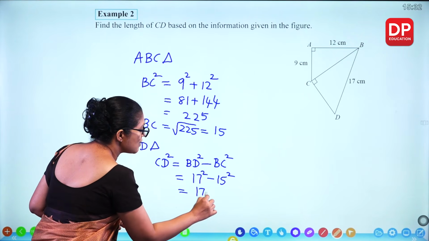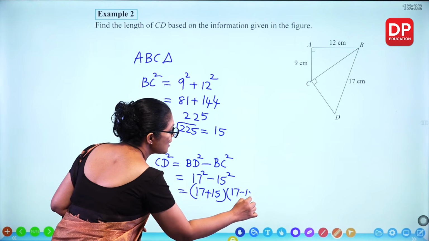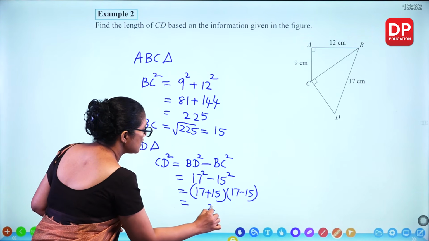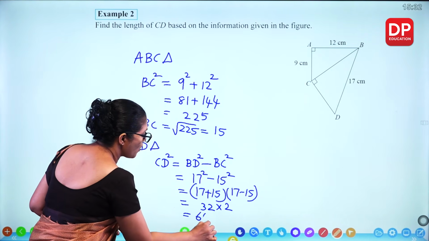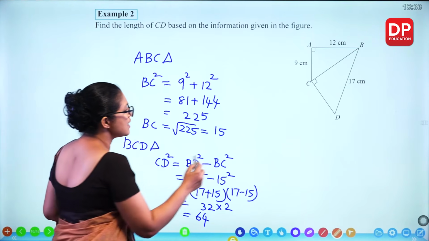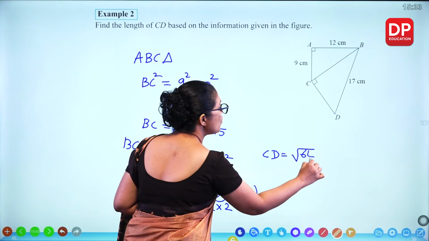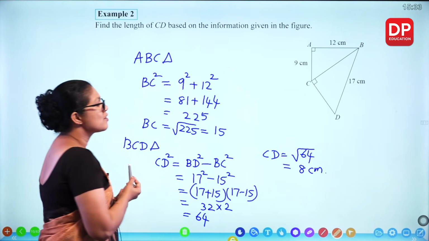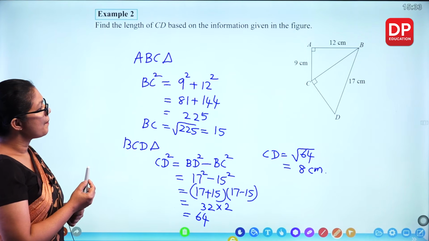I'll do 17 plus 15, 17 minus 15. You get 32 into 2, 64. Square root of 64, you get the length of CD. So CD equals square root of 64, that's 8. So this is in centimeters. So the CD length is 8 centimeters.